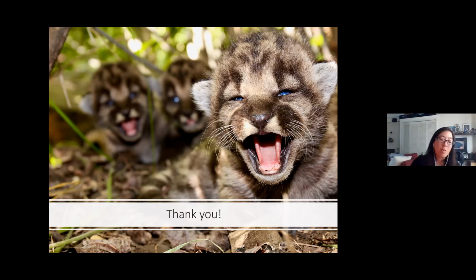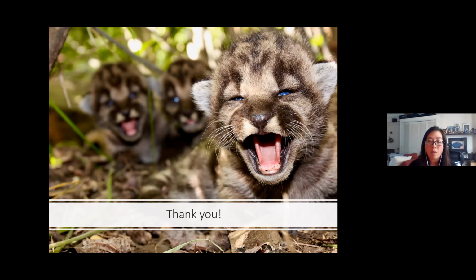There's definitely a dire need for more crossings for all sorts of species. And I know of one crossing that is being planned, and that's by Highway 17. So it's a little bit south, in the Santa Cruz Mountains.